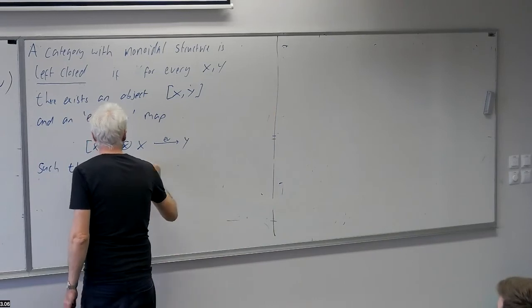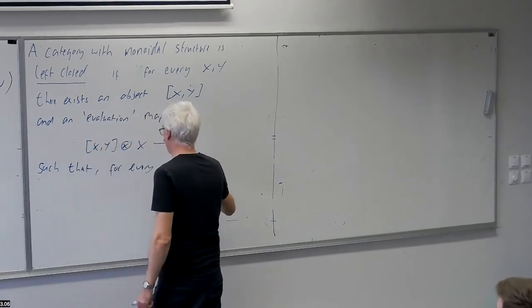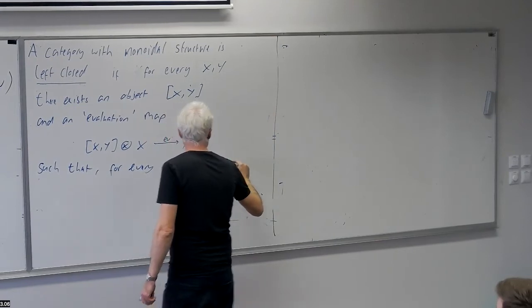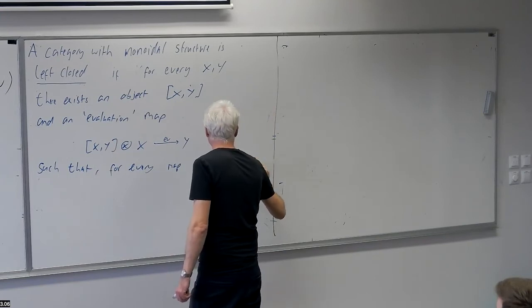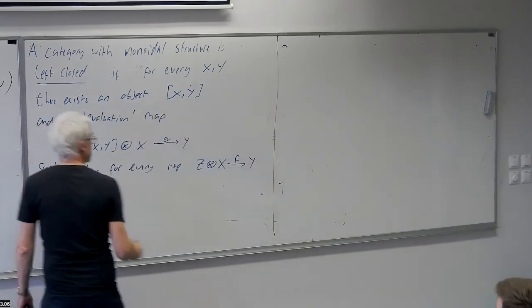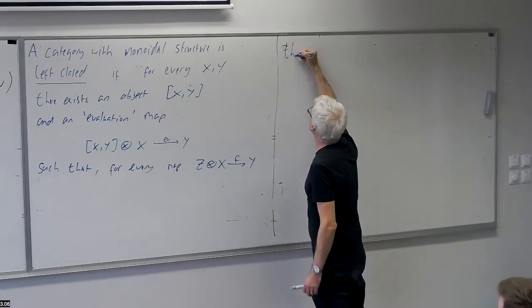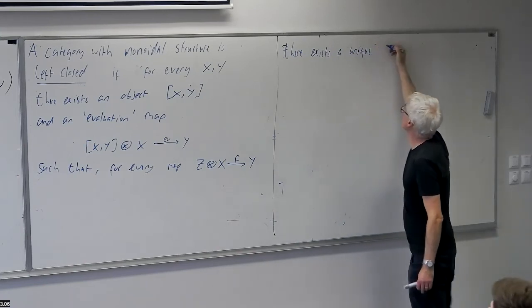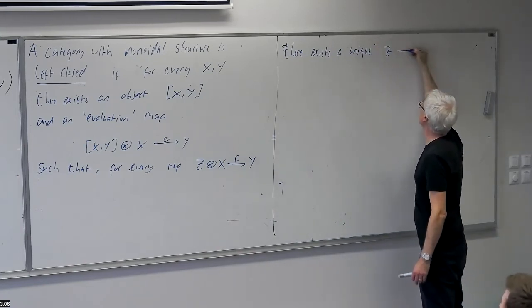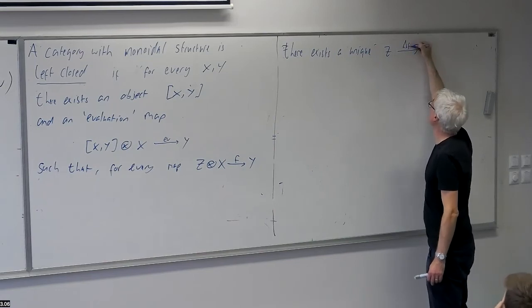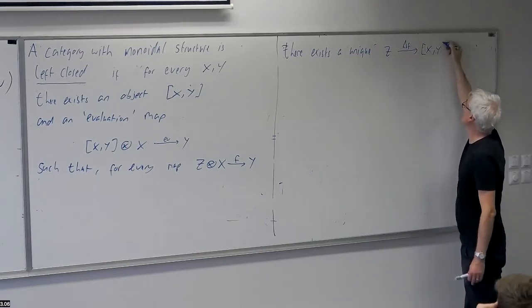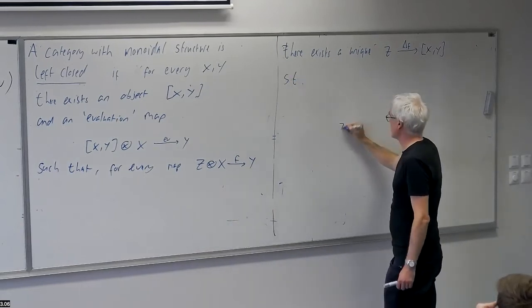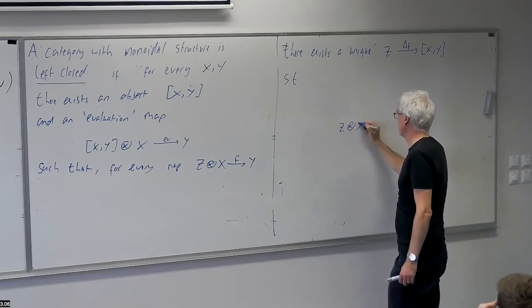for every map f from some object z tensor x to y, there exists a unique map from z to what we'll call lambda f, which goes to the functions, such that the diagram below commutes. So we have the same diagram we had before.